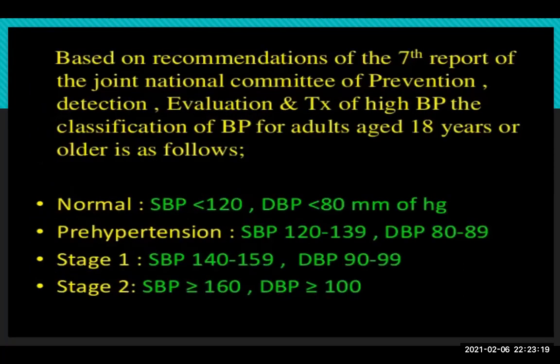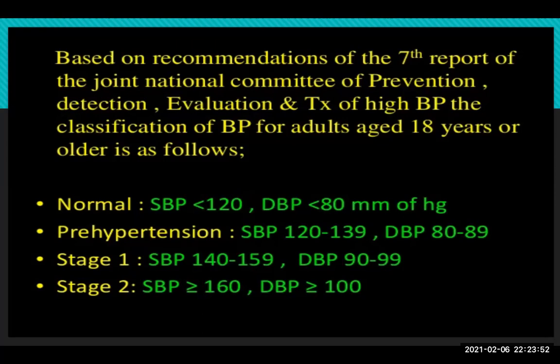Based on the recommendations of the 7th report of the Joint National Committee on Prevention, Detection, Evaluation, and Treatment of High Blood Pressure, the classification of blood pressure for adults aged 18 years or more is as follows. It could be normal when the systolic blood pressure is less than 120 and diastolic is less than 80 millimeters of mercury.